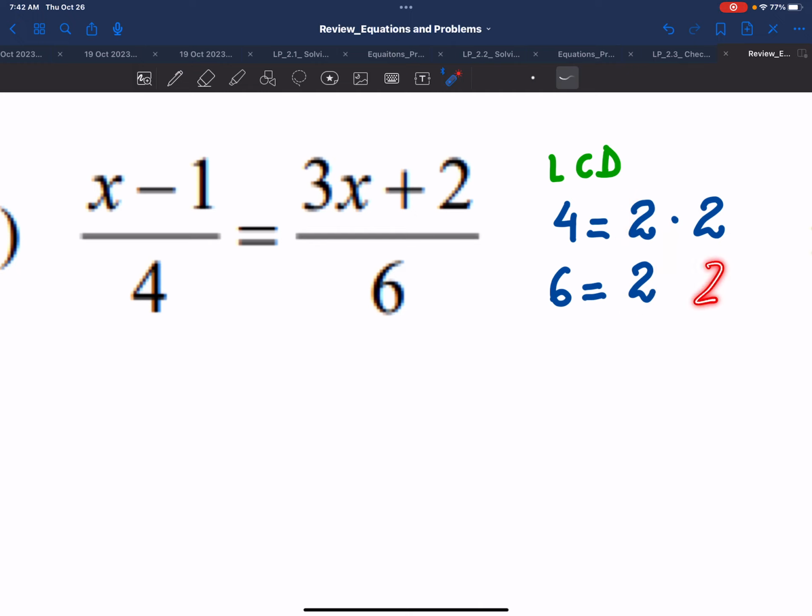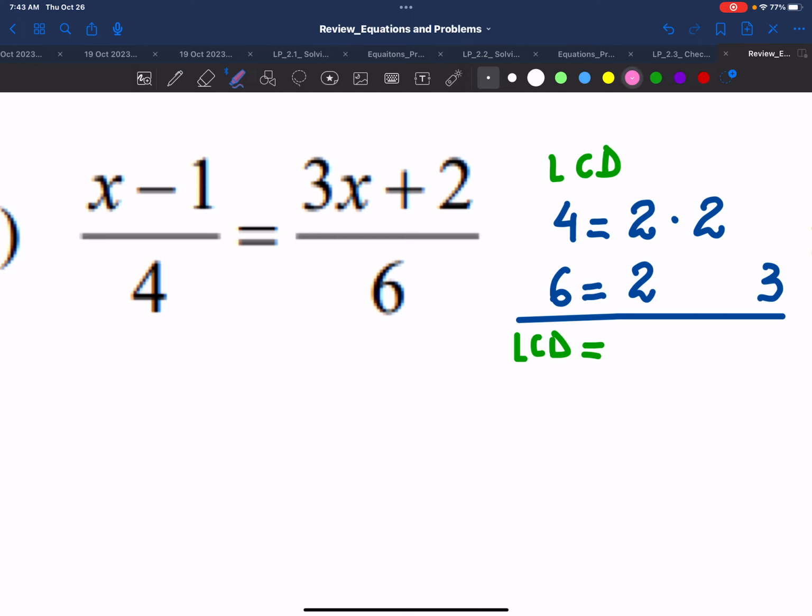You can put it in here, doesn't really matter. So one or the other in this case. And 3. So for 3, I will assign a new spot because 3 is a factor that only 6 has, not number 4. And then I would draw a line, a longer line. And I would write down here the lowest common denominator equals, bring the number 2 down.